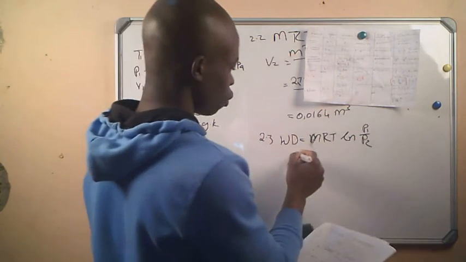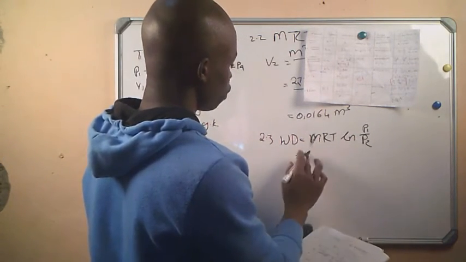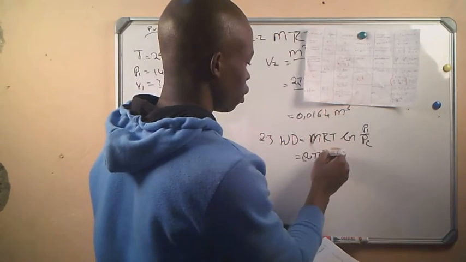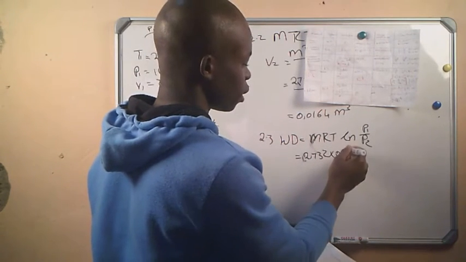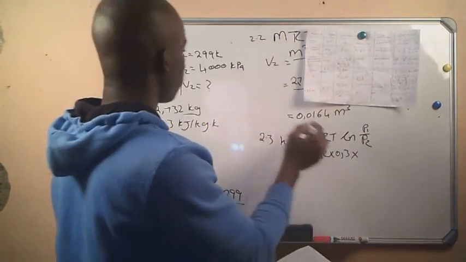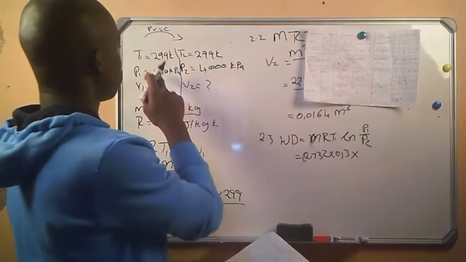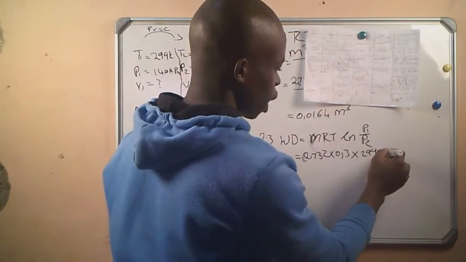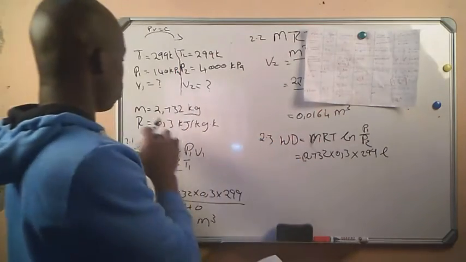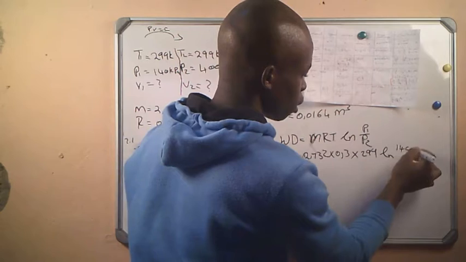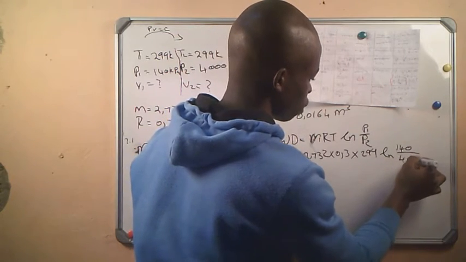And then we substitute our M being 2.732 times our gas constant 0.3 times our T. Our T is 299. ln P1, 140, P2, 4,000.